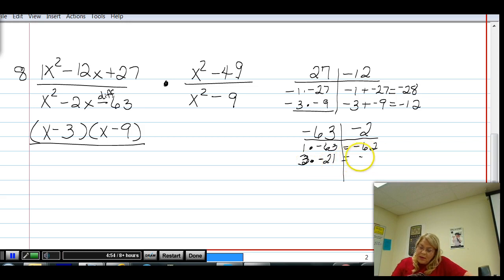When subtracted, I am left with negative 19. 4 won't go, 5 won't go, 6 is not going to go, 7 will go, negative 9 times. Ooh, that gives me the negative 2 I was hoping for, right? And that gives me x plus 7, x minus 9.